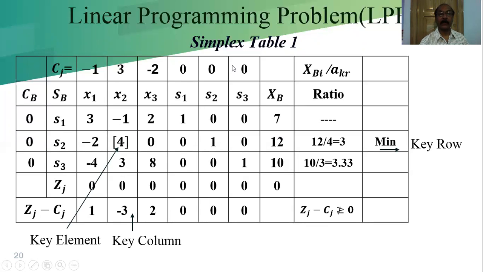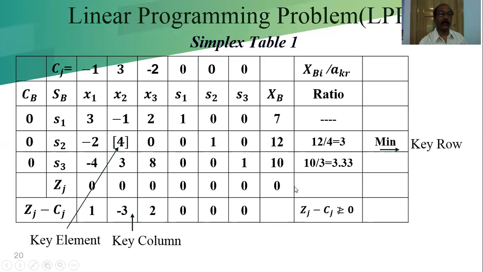If we calculate in the previous table, it will be clumsy and not clear, so if we calculate in the next table, it will be clearer to you. First we calculate zj. As I already told, if it is not an artificial variable problem, all zj will be 0 in the first table.